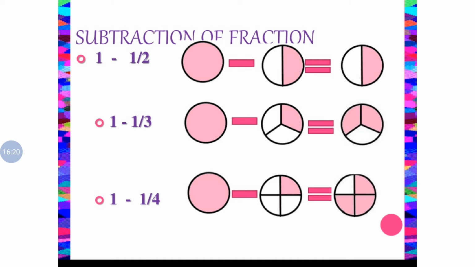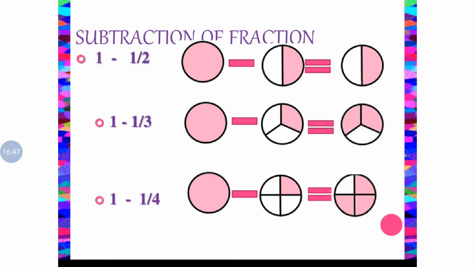Another one is 1 minus 1 by 3. One whole, and another circle divided into 3, with 2 unshaded regions and only one shaded region. So the value is 2 shaded regions and only one unshaded region. How? 1 minus 1 by 3.